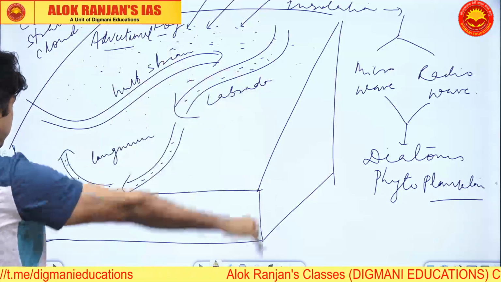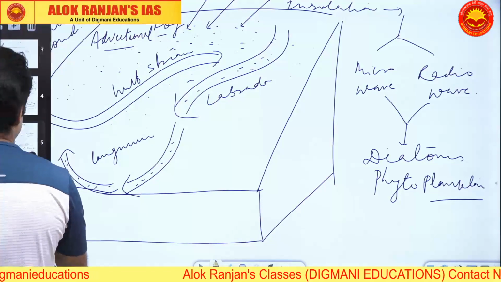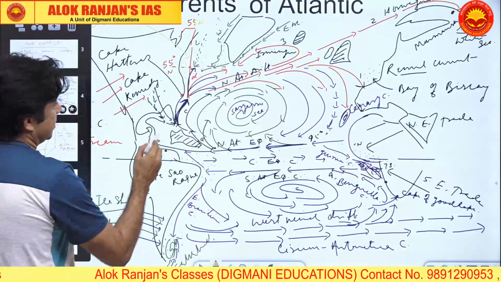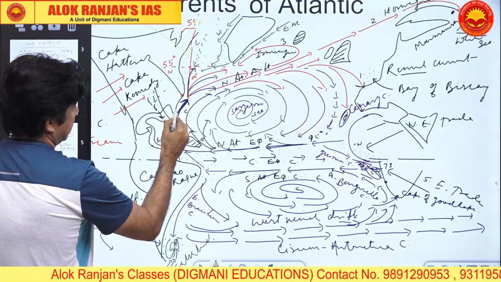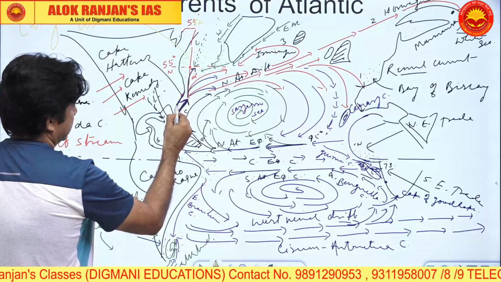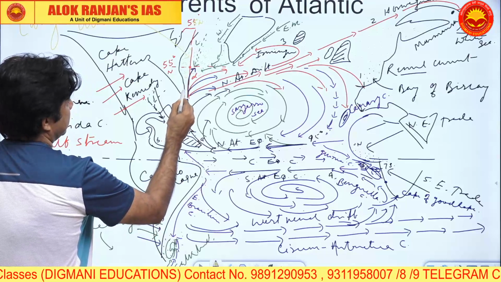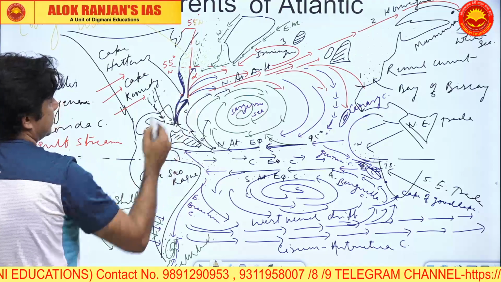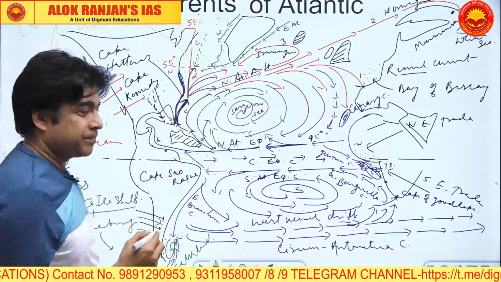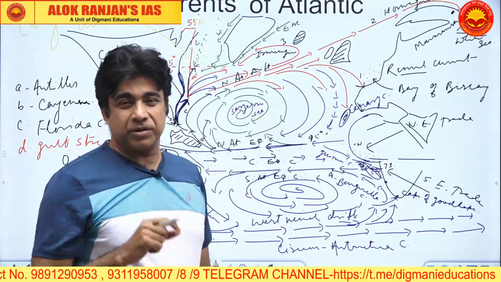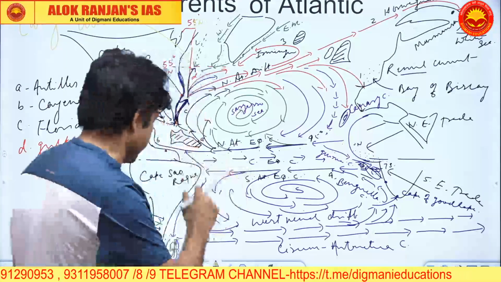So remember this fog. Now from the fog I remember a particular phenomena which is along the American coast, this part near Cape Hatteras, this is Florida. So this part of America, roughly you can call it the mid-Atlantic coast or the mid-Atlantic seaboard.